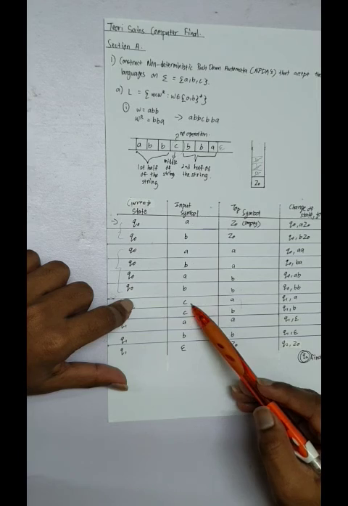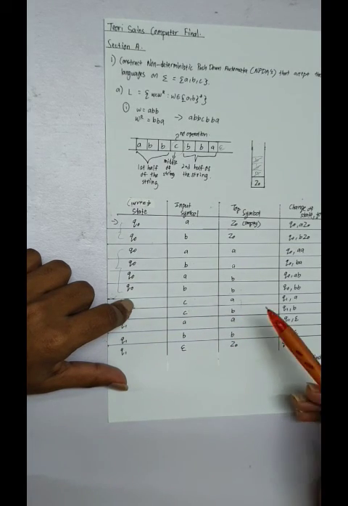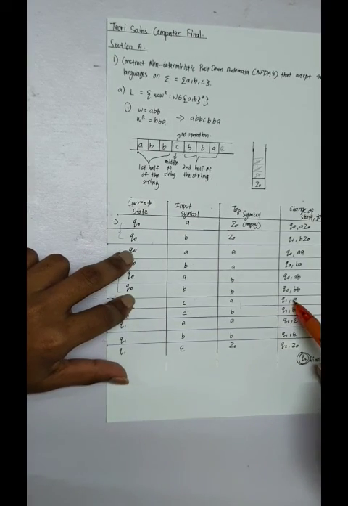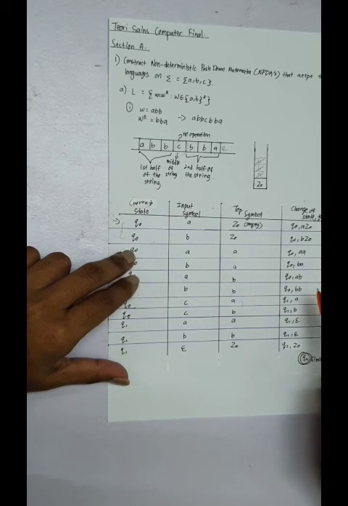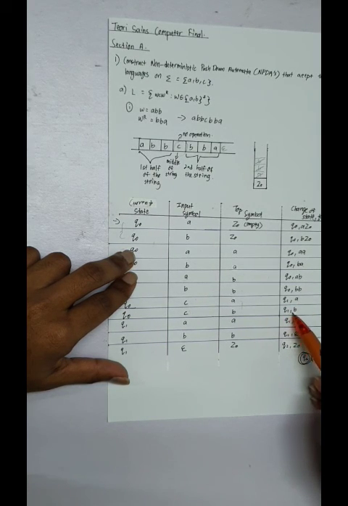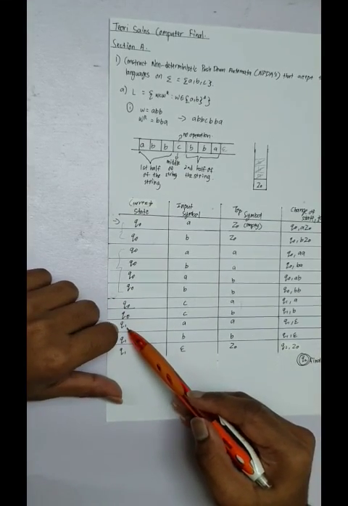Since it scans c, the automata may know it has reached its midpoint. So there will be no operation. It just remains the same, no operation occurs, but the state changes to q1. So q1, a, q1, b. The next state will be q1.